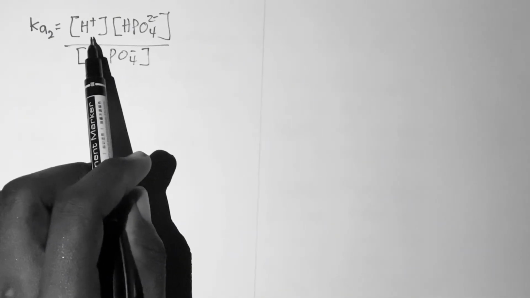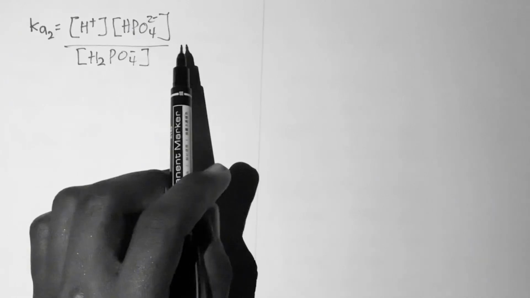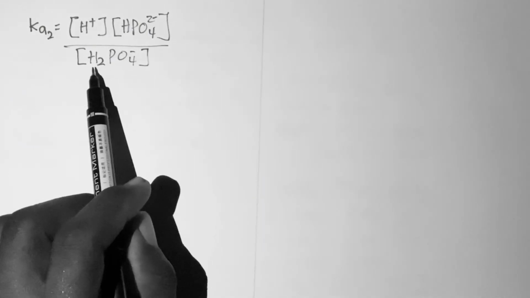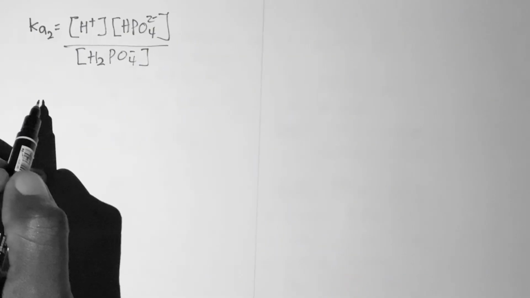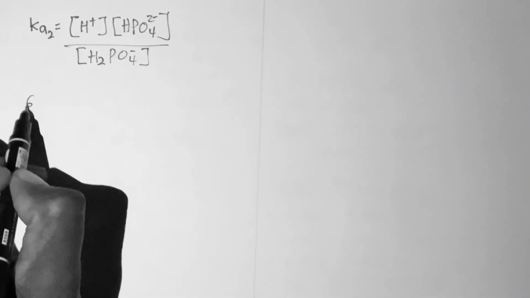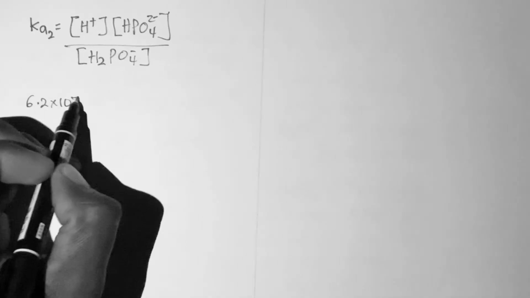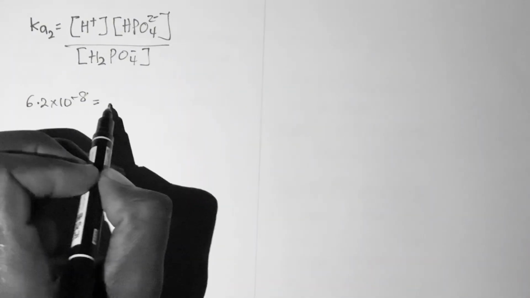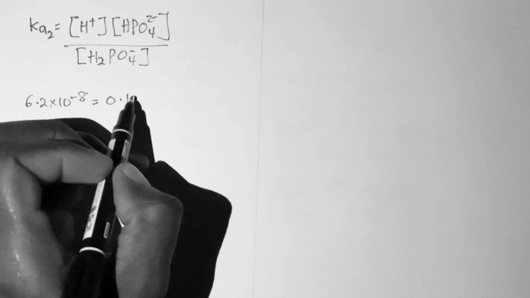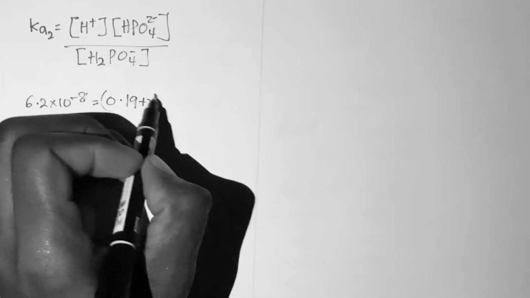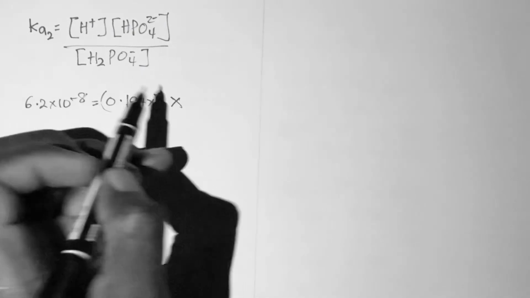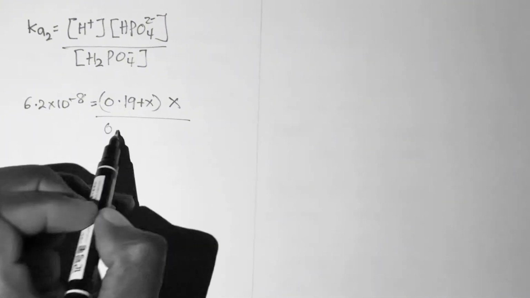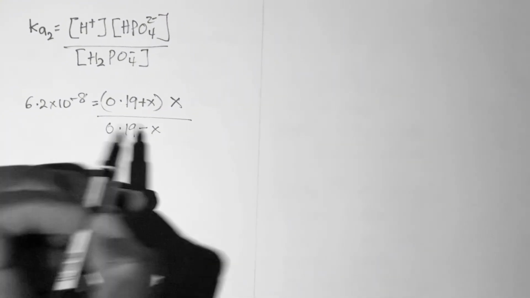From the question, we were given 6.2 times 10 exponent minus 8, and this is equal to 0.19 plus x, that is the concentration of the H plus, times x, divided by 0.19 minus x.